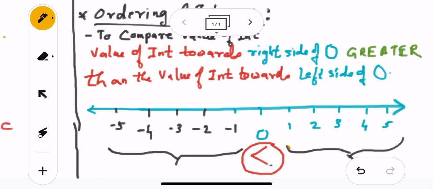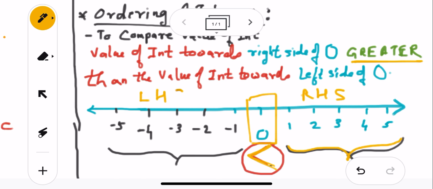That means the numbers on the number line on the right hand side of 0 will always be greater than the integers on the left hand side of this 0. So the left hand side will always be less and the right hand side will always be greater.